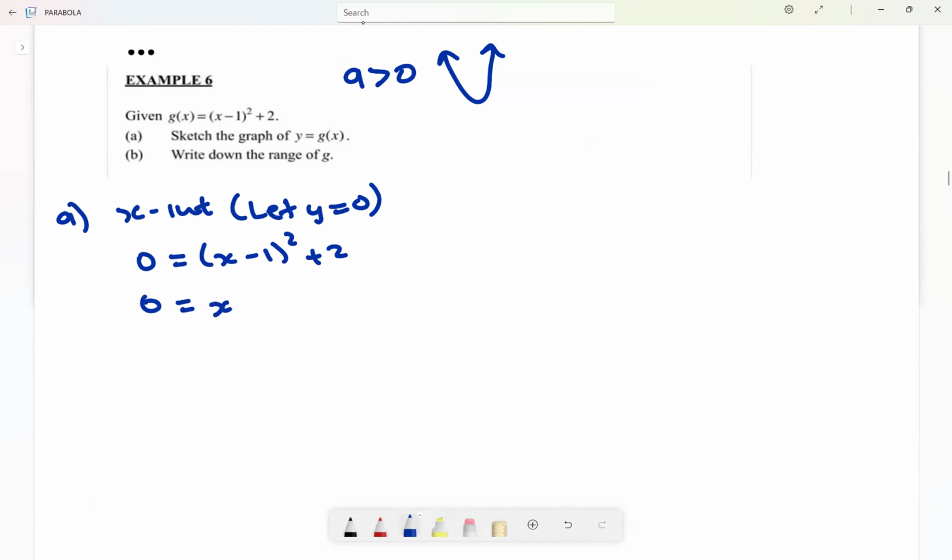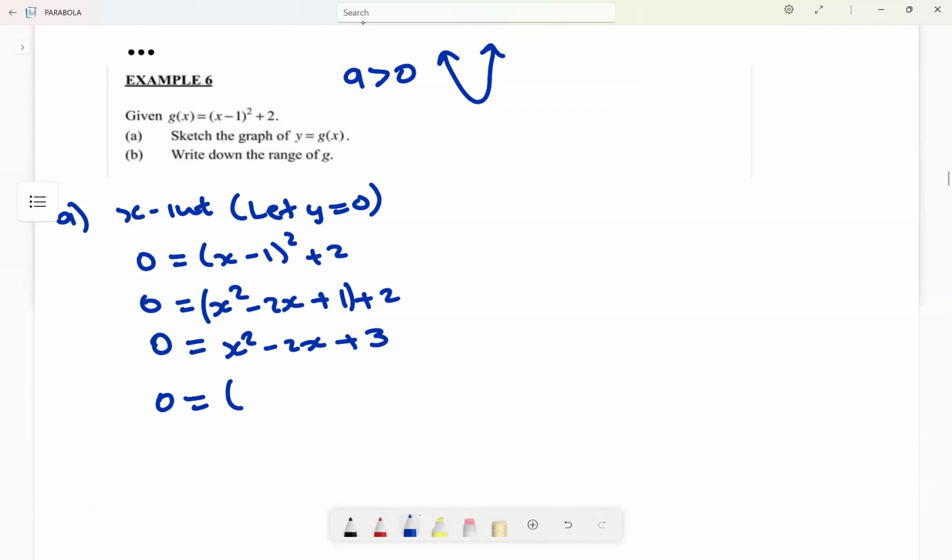I get x squared minus 2x plus 1 plus 2, and then 0 equals x squared minus 2x plus 3. Remember, this was that, then plus 3. Can I simplify the values such that when I add them, they give me 2? Can I simplify this?